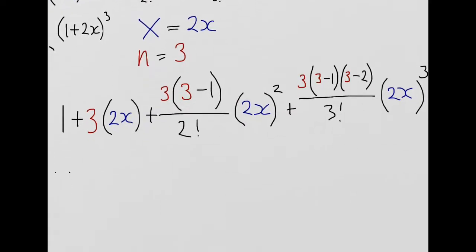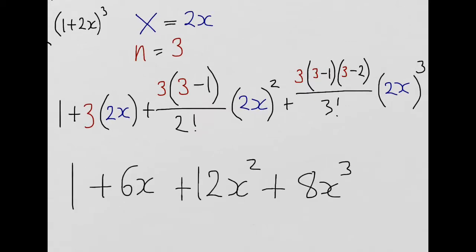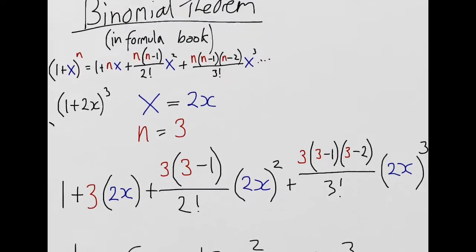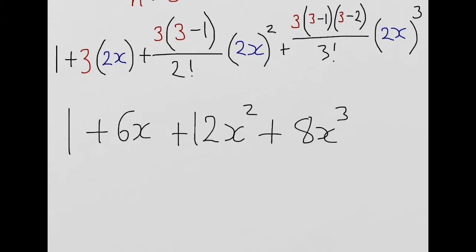So when we've got all that together, we can just go through that term by term, expanding, and then write out our full version of it. There we go, 1 plus 6x plus 12x squared plus 8x cubed, and that is a lot faster and easier than having to mess around with combinations or with our Pascal's triangle.